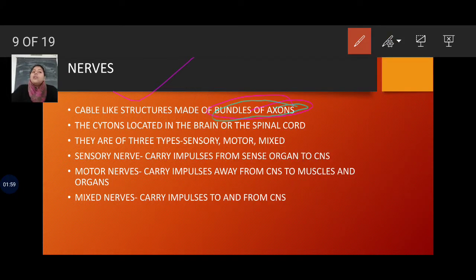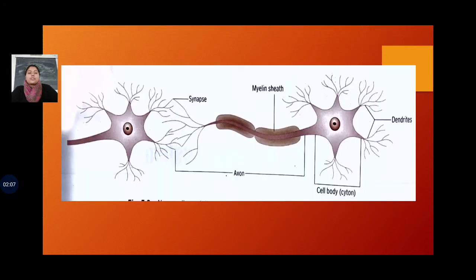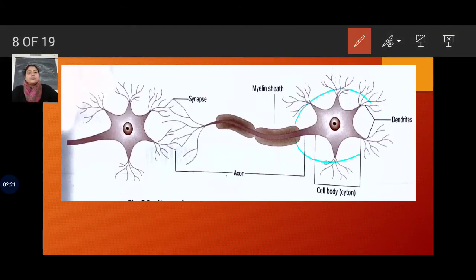Now, what is this bundle of axons? In the previous slide, remember children, I have shown you the structure of the neuron. In the neuron structure, I have discussed the cytone, that is the cell body, this one, and also I have discussed this part.